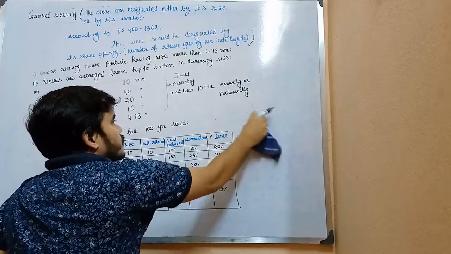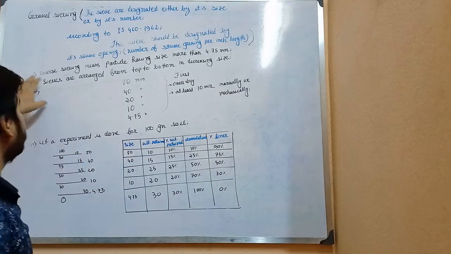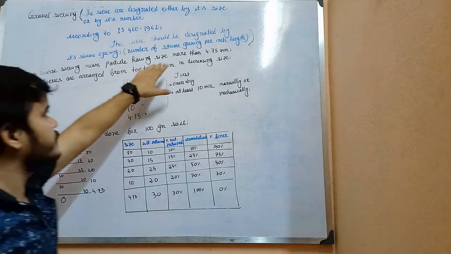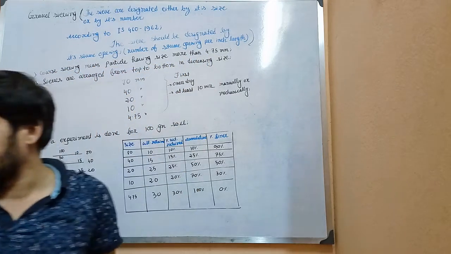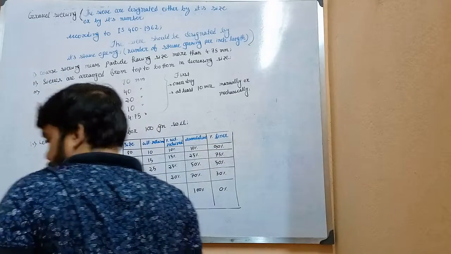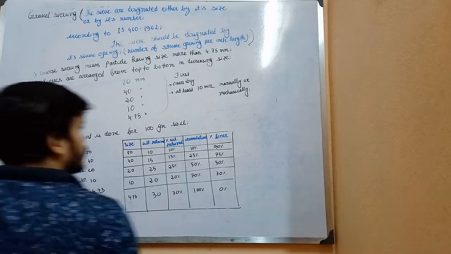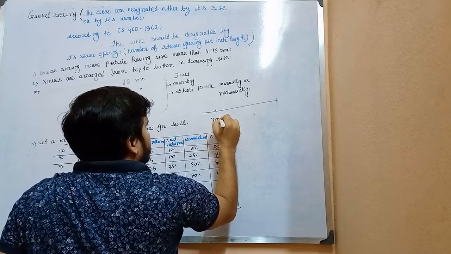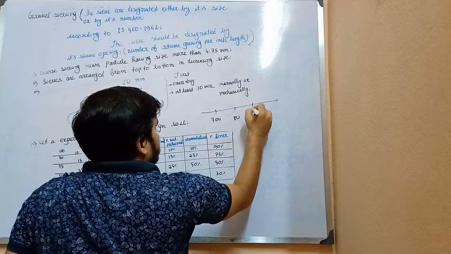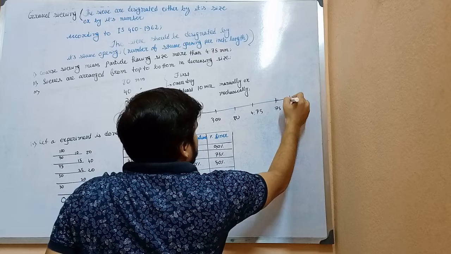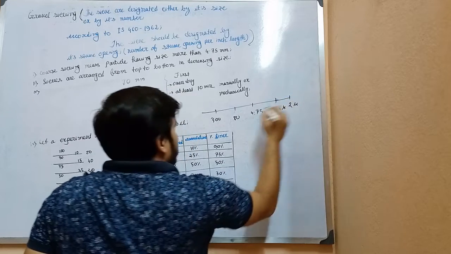So now gravel sieving, or coarse sieving. Coarse sieving means the particles having size more than 4.75 millimeter. What we have learned: 80 mm, 4.75 mm, 75 micron, 2 micron.